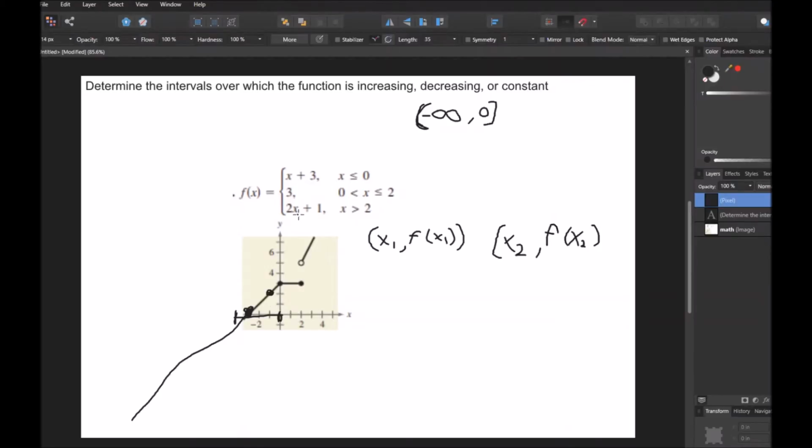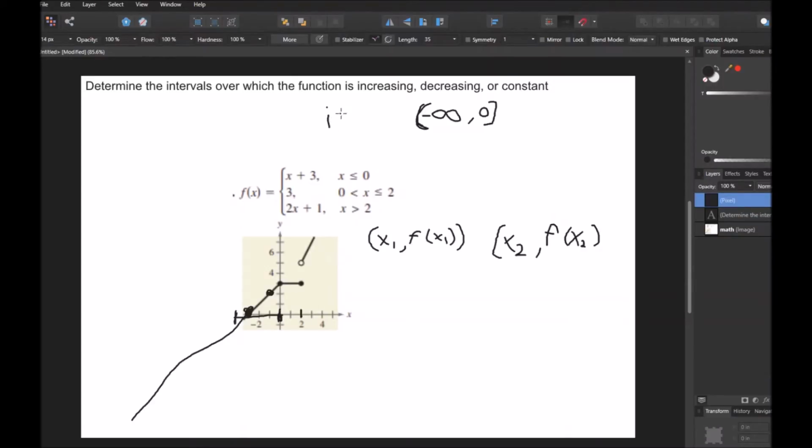Now if we go to the next interval, which is going to be basically between 0 and 2, so right here, we can see that it's this line right here. And they've gone and drawn out the dots for us, and we can see here that f of x2 is equal to f of x1. So that would say it's constant on that interval.